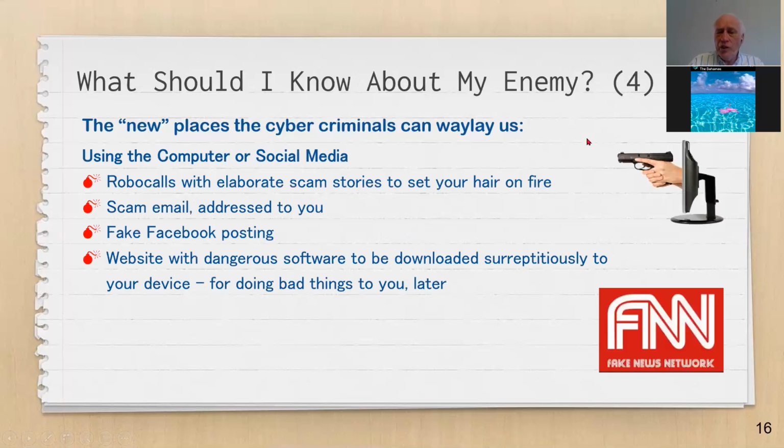So I like this cartoon here. Imagine every time you go online, there's a guy on the other side with a gun pointing right at you. And that's pretty much true, right? There are lots and lots of people out there trying to get access to you. So you get the robocalls, from robot, so there's no human being on the other end.